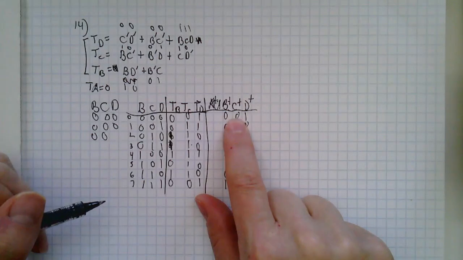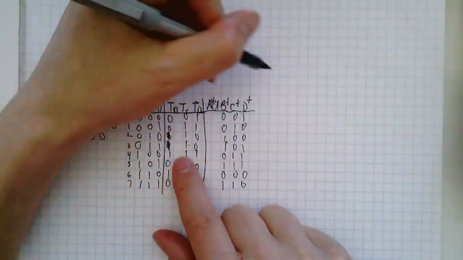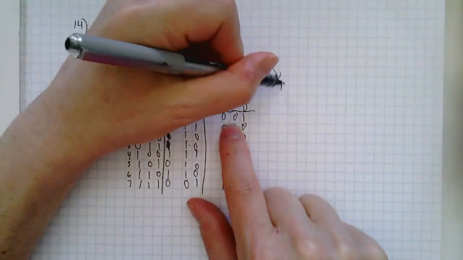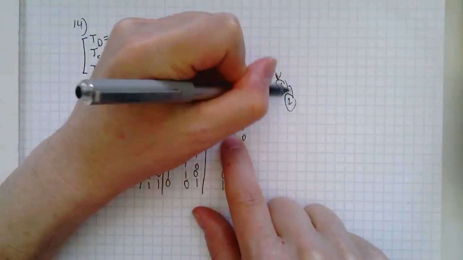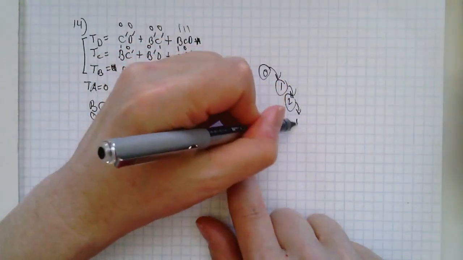And my next step, finite state machine diagram. So now, if I'm in state 0, I go to state 1. If I'm in state 1, I go to state 2. If I'm in state 2, I go to state 4. If I'm in state 4, I go to state 3.